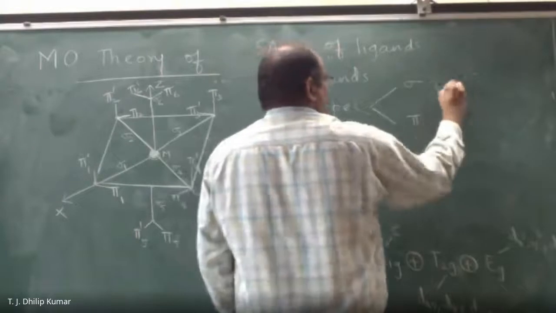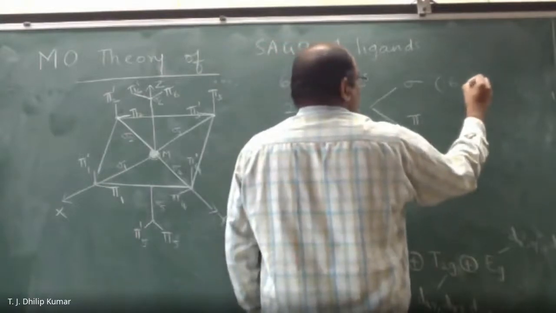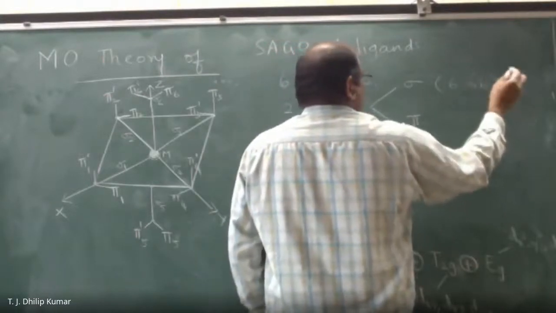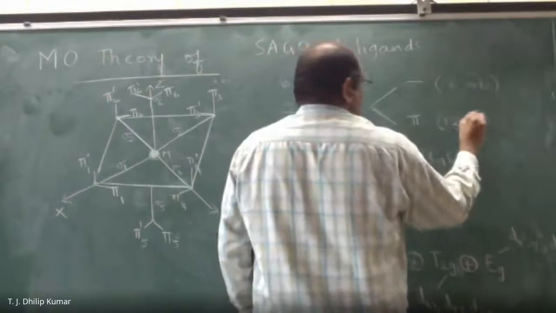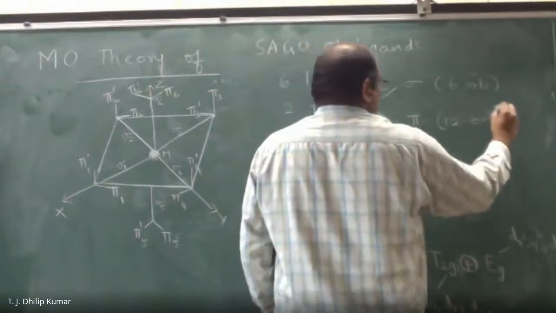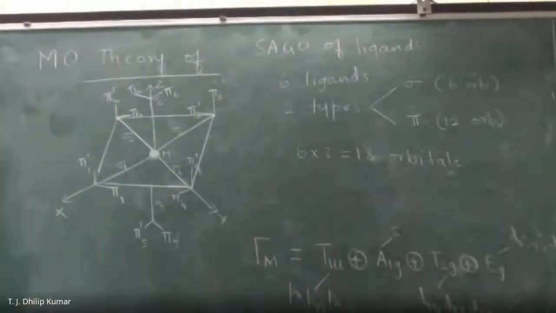In that, 6 orbitals are sigma type, and 12 are pi type, pi or pi prime. Because we have considered 6 ligands, each has 3 orbitals, and there are 2 types. 6 are sigma type, and 12 are pi type.